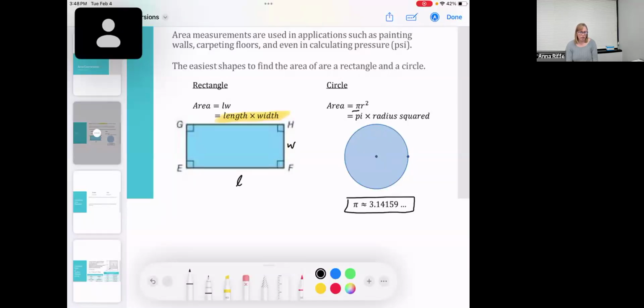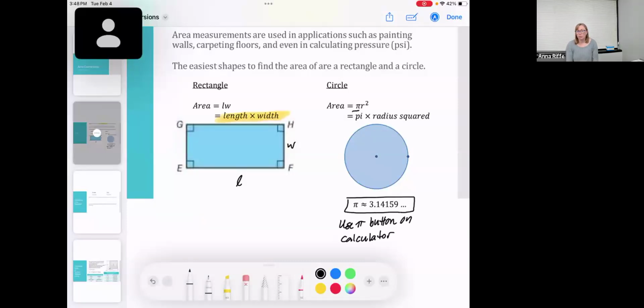A lot of applications will have you shorten pi, just as a warning here. A lot of applications will have you shorten pi to 3.14. But for the purposes of our class, I recommend that you look at your calculator. You probably have a pi button on your calculator. Use the pi button on your calculator.